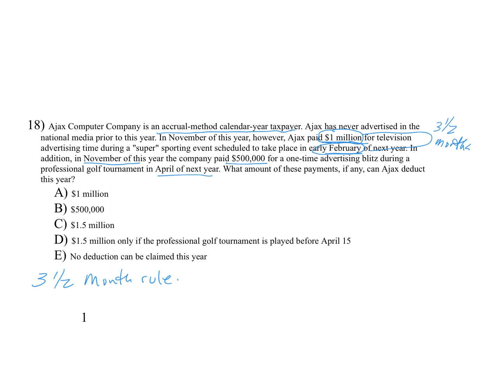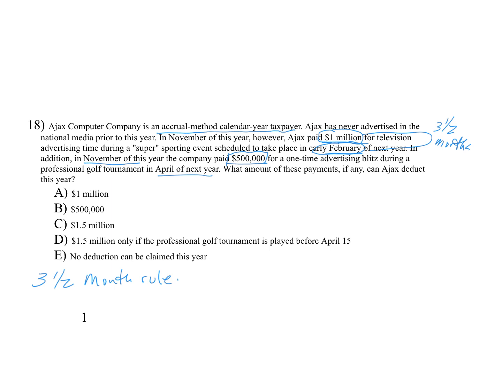Now, he could deduct this if it qualified as a recurring expense, okay? So if he had like a commitment to do that ad campaign in future years, then that could be deductible as well.